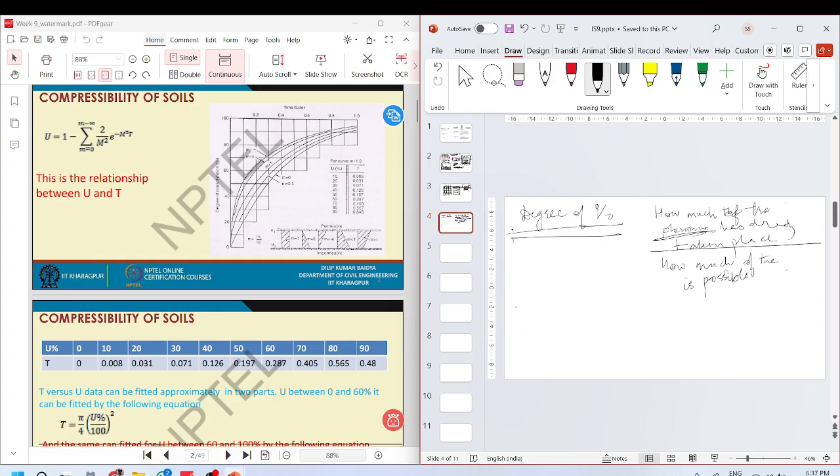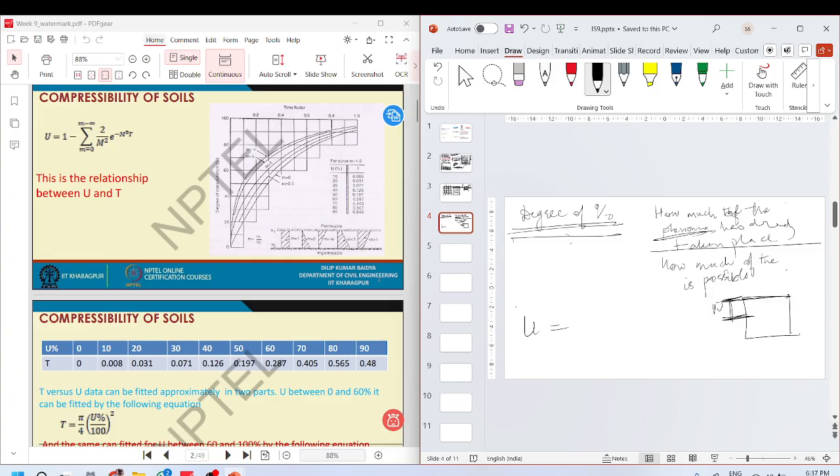But okay, I'll give you an example of degree of consolidation. Degree of consolidation basically tells you, in a system, the possibility for volume change. The volume change is only because of the volume of voids, isn't it?